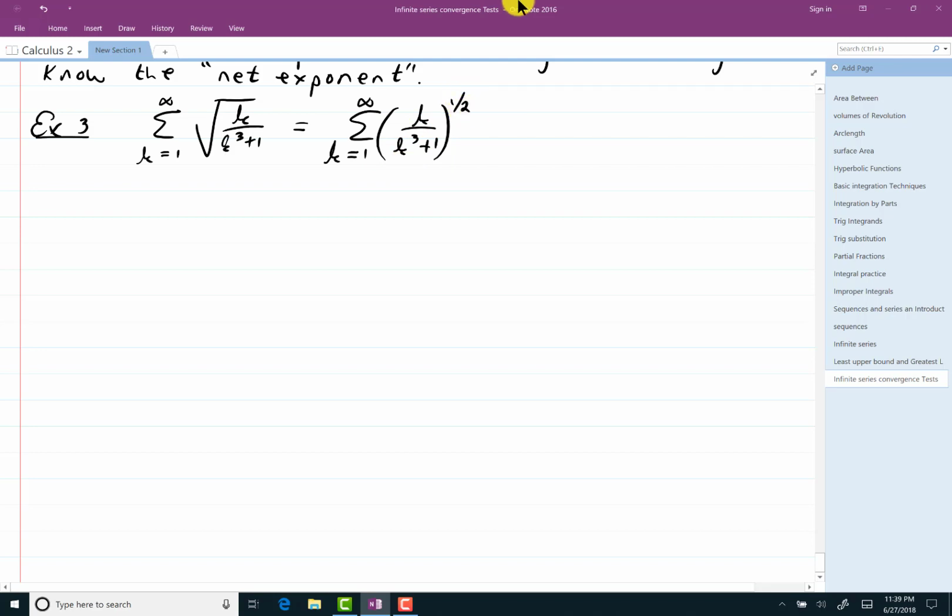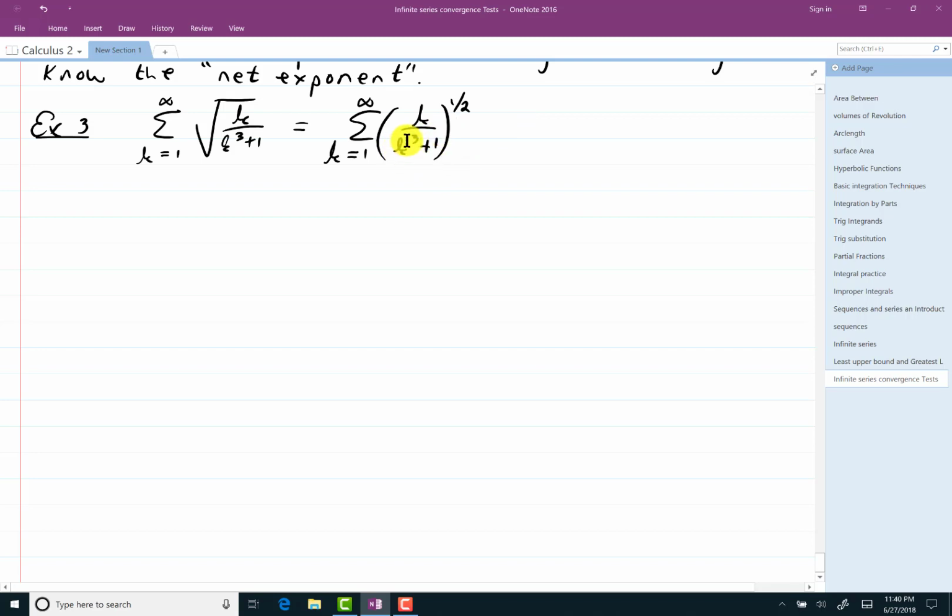So when I'm talking about the net exponent, find the highest exponent anywhere in the problem, and that's where you see the 3 here. But now the 1 is not important. In the scheme of things where k is a large number, k cubed has way more importance than the 1 does. Similarly, k is actually changing and going to infinity. k cubed is going to infinity. The 1 is just sitting there doing nothing.